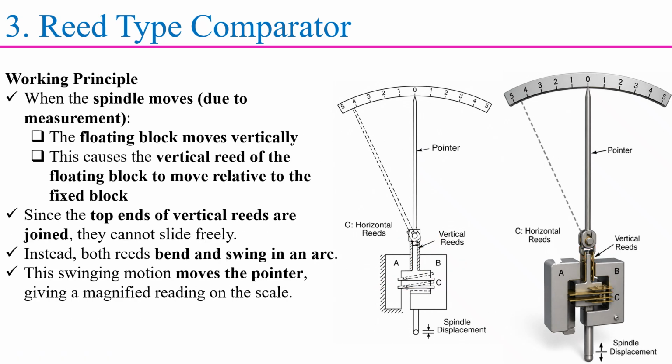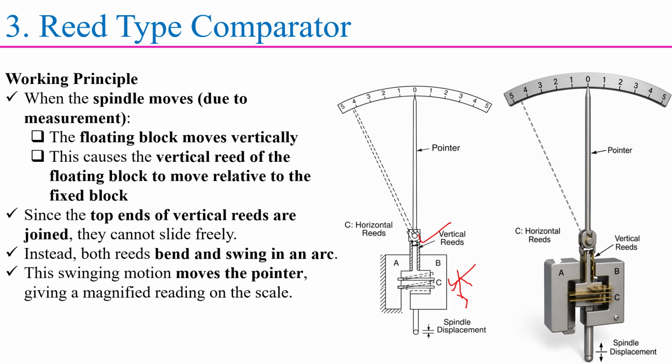So next we have to discuss the working principle. When the spindle moves due to the measurement, the floating block moves vertically, and this vertical movement causes the vertical reed of the floating block to move relative to the fixed block. Since the top ends of the vertical reeds are joined, they cannot slide freely.